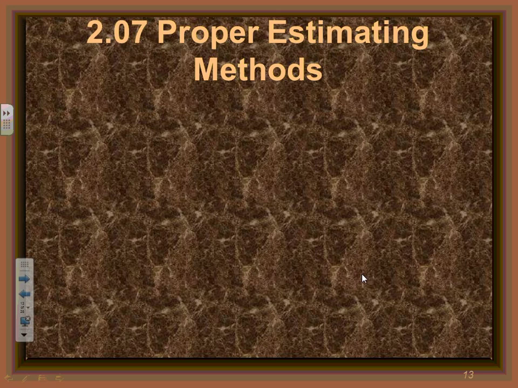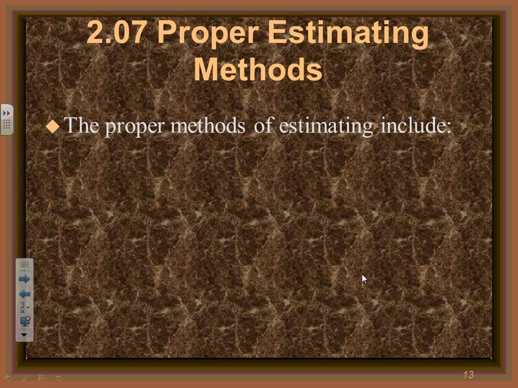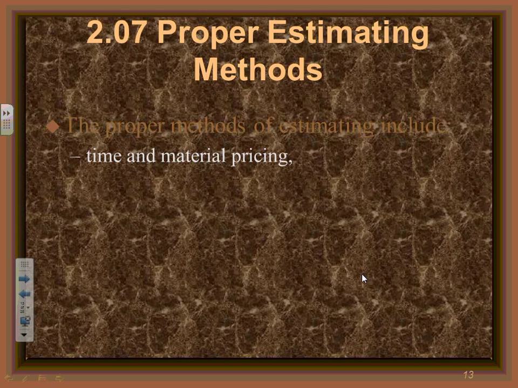Okay, proper methods. Let's talk about the proper methods. The proper estimating methods include the following. Time and material. We talked about the time and material. This is a proper method. Unit price, detailed method. These are the three proper methods. Time and material. You know what a time and material is, right? Keep track of your time, keep track of your material. Unit price: every house that we're going to do, $10,000. Why?